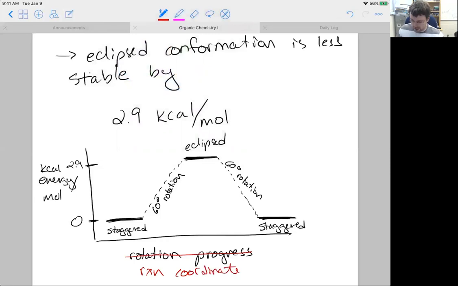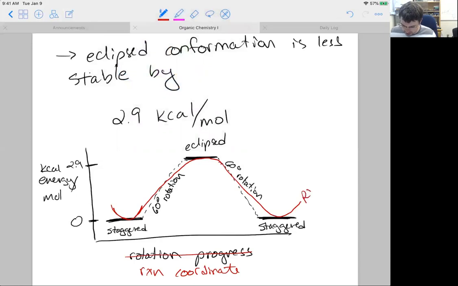Then instead of having these dotted lines, I make a valley at the staggered conformation, go up to a hill at the eclipsed conformation, and then go back down into a valley for the staggered conformation again.